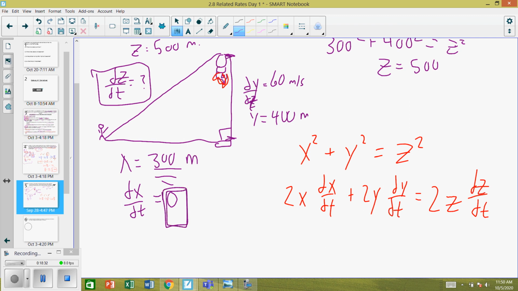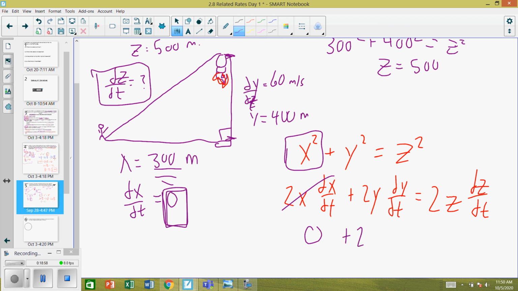So if I plug 0 in for dx over dt, it just goes away. And if x is a constant, I didn't even have to label it as its own variable. I could have just plugged in 300, and the derivative of the constant goes to 0 anyway. So if you have a constant, you can just say, hey, that's a number, it's going to go to 0.